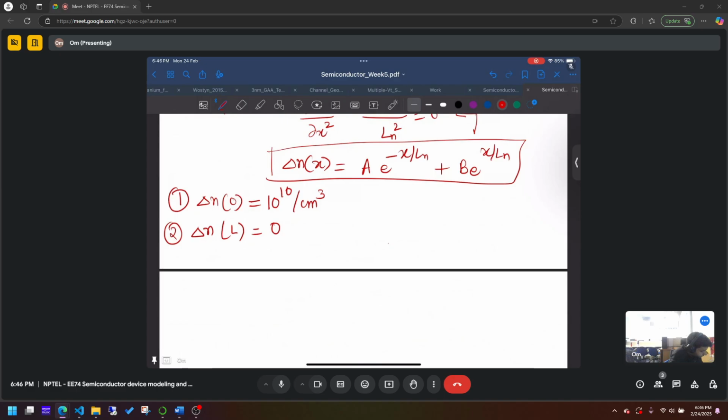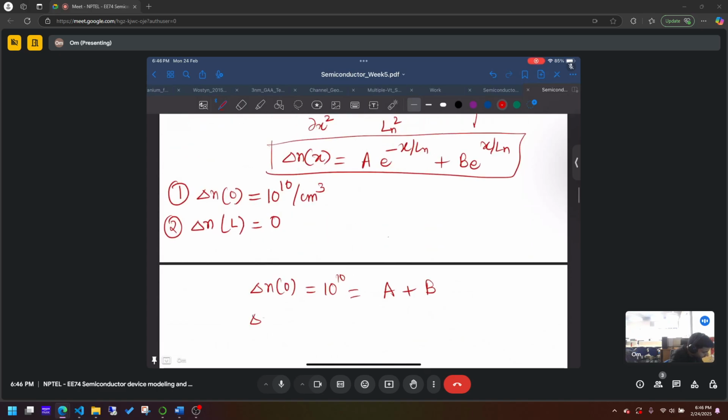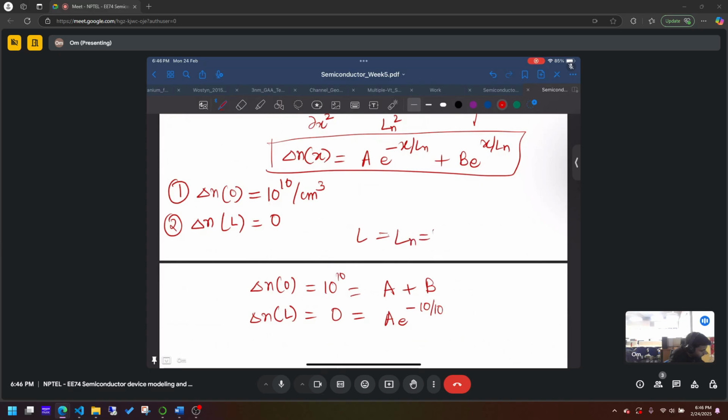Delta n at 0 equals 10 to the power 10 equals a plus b. In the second condition, delta n at L equals 0 equals a e to the power minus L by Ln, or minus 10 by 10, since L equals Ln equals 10 micrometer, plus b e to the power 10 by 10.